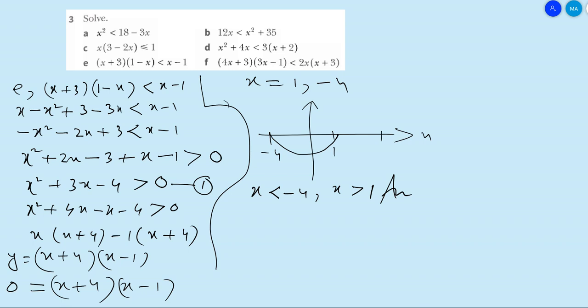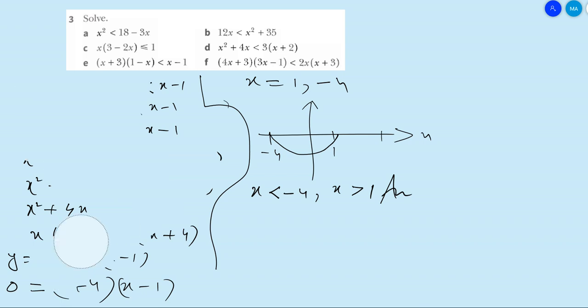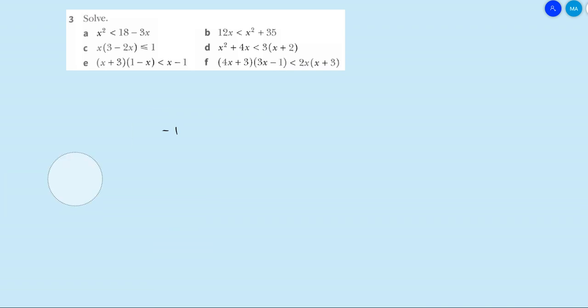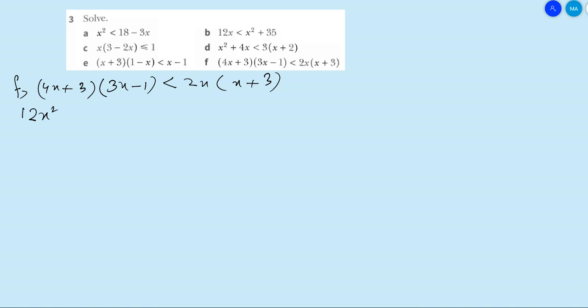Now come to part F. Part F is (4x - 1)(3x + 3) ... (2x)(x + 3). 4x into 3x is 12x squared. 4x into 1 is minus 4x. 3 3s are 9x. 3 1s are 3. 2x into x is 2x squared. 2x into 3 is 6x.